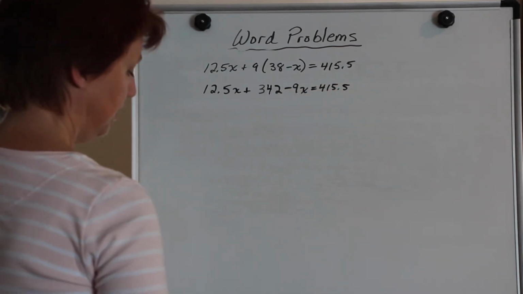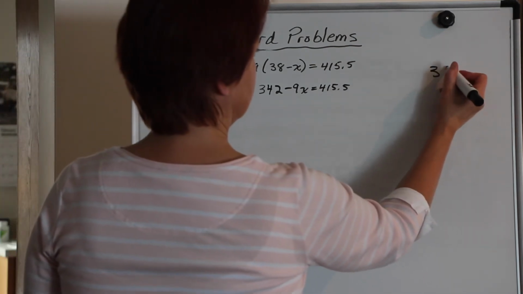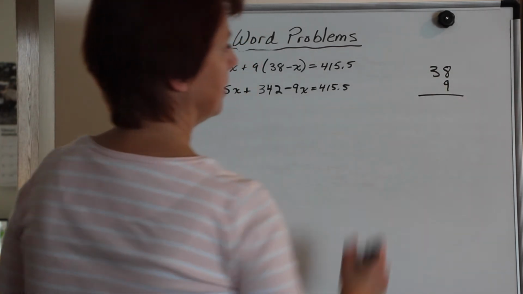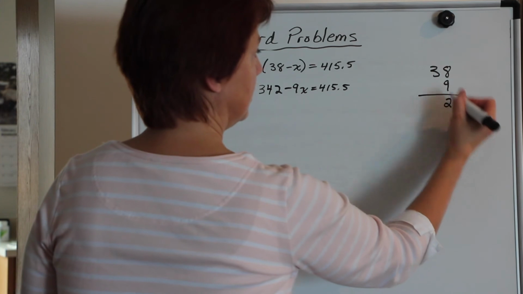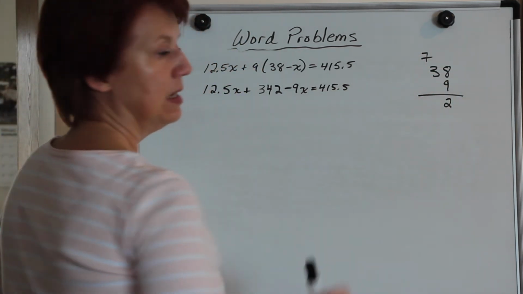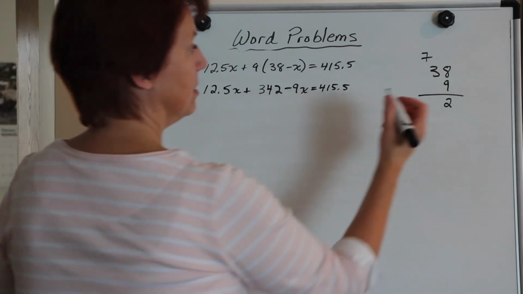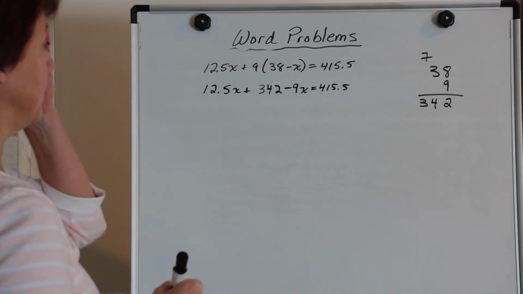Now, could you do the 9 times 38 on paper? Sure you could. 38 times 9, this is how we set it up, okay? 9 times 8 is 72, so we put a 2 here, we put a 7 up here, carry the 7. 3 times 9 is 27, plus 7 is 34, so there's my 342.